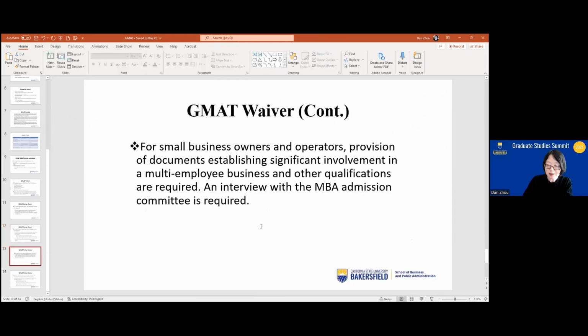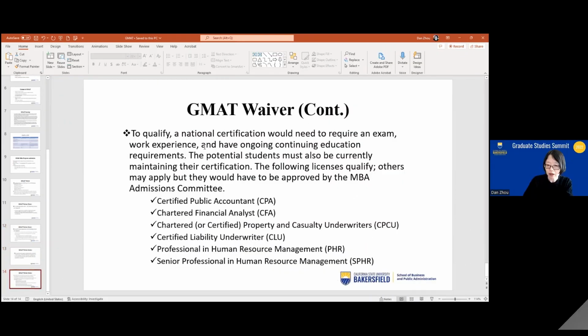For small business owners and operators, we also require an official document to show significant involvement in a multiple-employee business and other qualifications. An interview is also required. For the national certification, such certification needs to require an exam, work experience, and an ongoing continuing education requirement.